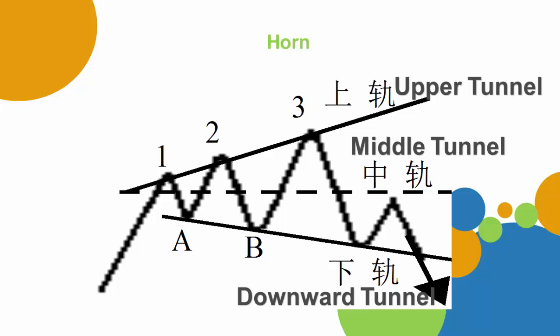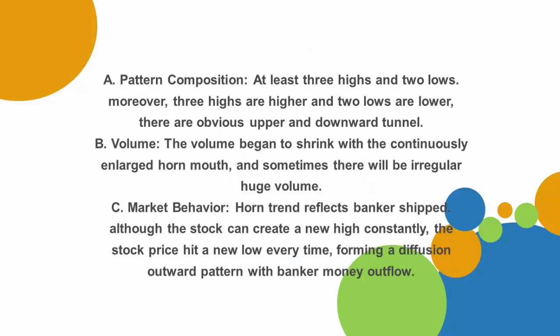Okay, so this is the whole pattern. The pattern composition, at least 3 highs and 2 lows. Moreover, 3 highs are higher and 2 lows are lower. There are obvious upper and downward tunnels. Okay, so this is the pattern composition.